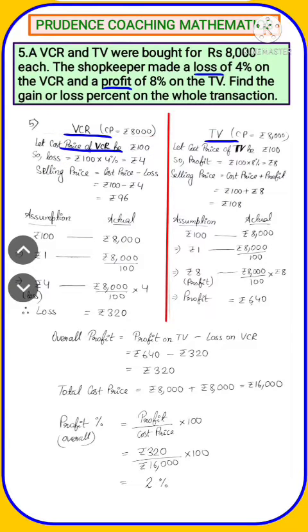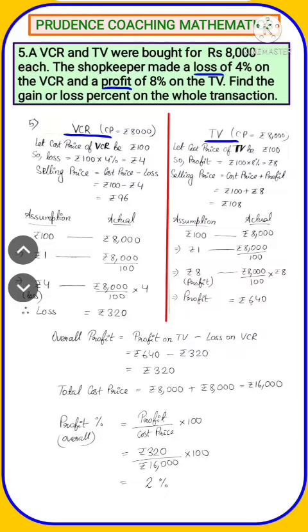And we all know that selling price is CP minus loss. When there is a loss, the selling price will be less than CP. Here we have assumed the CP to be 100 and the loss to be rupees 4. So 100 rupees minus 4 rupees, we get 96 rupees. That is our selling price.